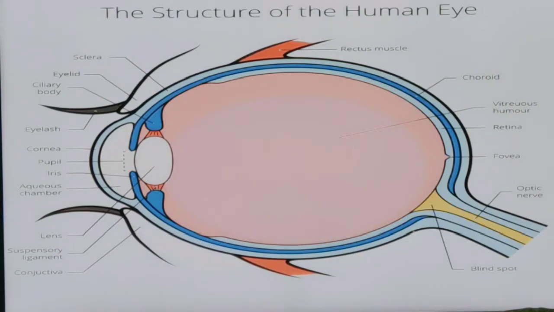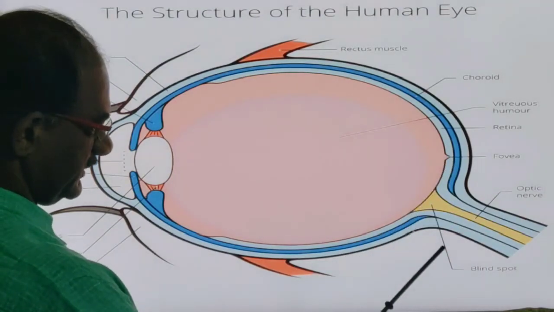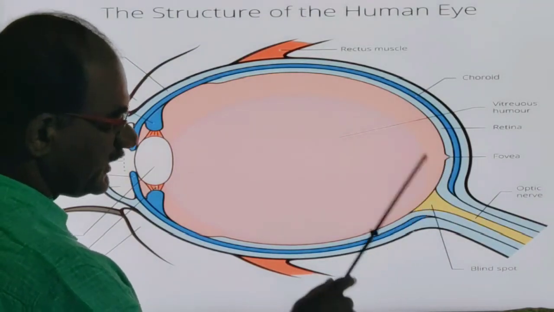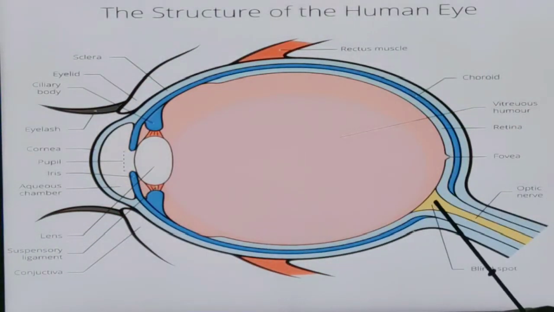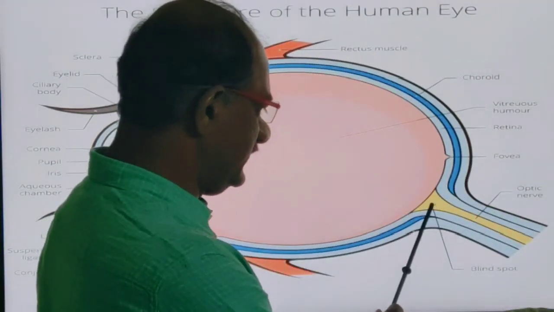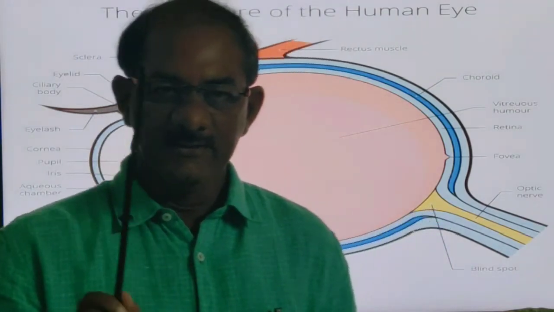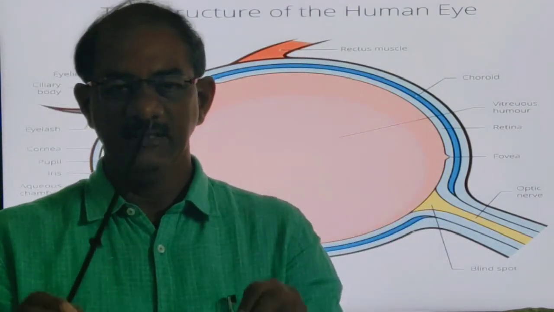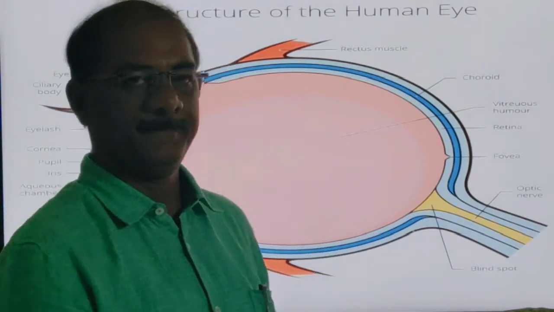The blind spot is where the optic nerve ends or leaves. No image is formed there because rod and cone cells are totally absent in that region. So where the blind spot is, no image occurs.